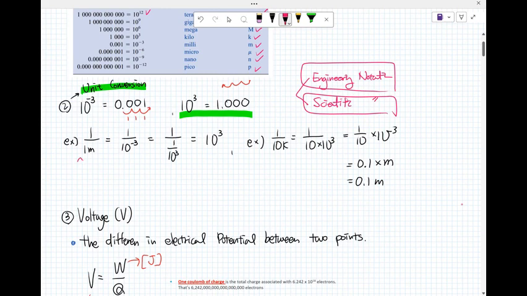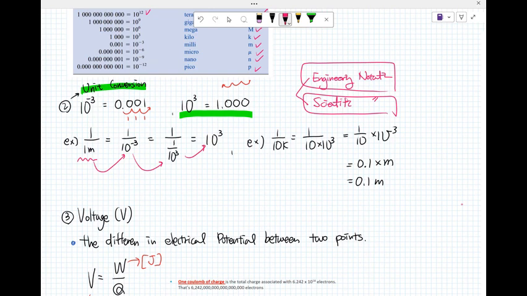So some students make a lot of mistakes. 1 over 1 milli means 1 over 10 to minus 3, because that is the milli. 10 to minus 3 is 1 over 10 to 3. So 1 over 10 to 3 is 10 to 3. That is the math, okay?